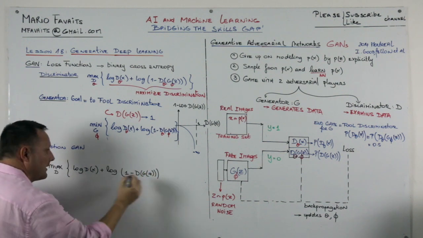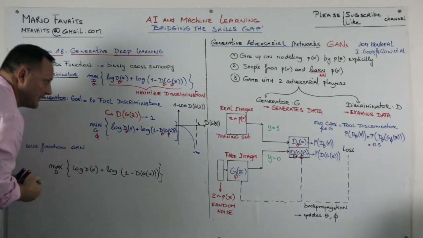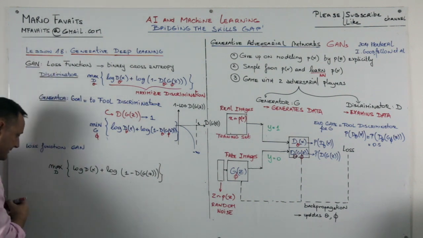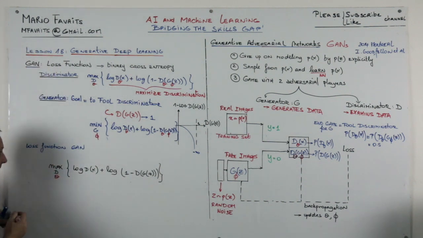Alright? And then we close. And after that, so this is theta, we take the minimum for the generator that is parametrized by phi. Alright? So this is actually the loss function for GANs.